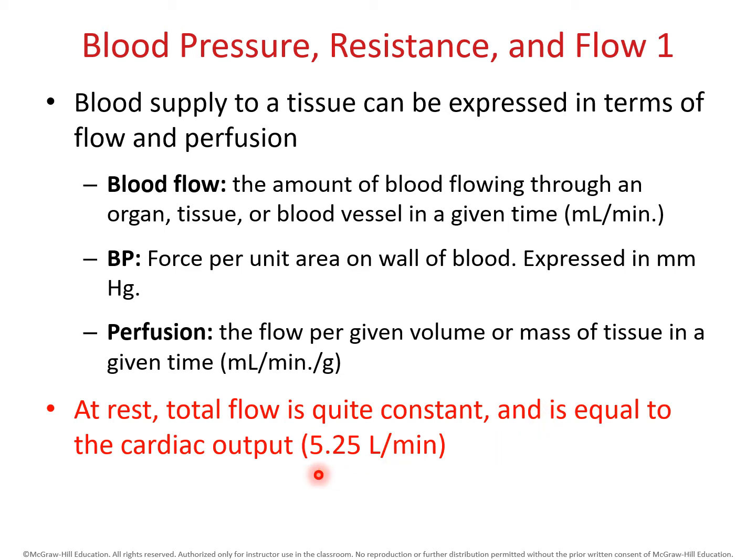The cardiac output is about 5,000 liters per minute on an average, right? So blood flow literally talks about movement of blood, okay? And it is literally the same as cardiac output, okay, in ml per minute. Okay, this one isn't in ml, but you can convert it to ml, okay?